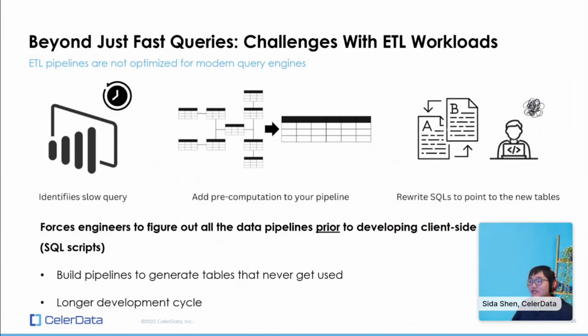It actually forces engineers to figure out all of the data pipelines before developing the client-side application, because that rewriting process is too much of a pain. So they end up doing that beforehand and building pipelines to generate tables that might never get used. It really lengthens your development cycle.